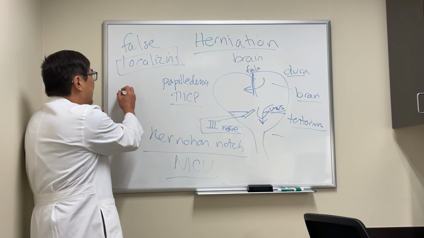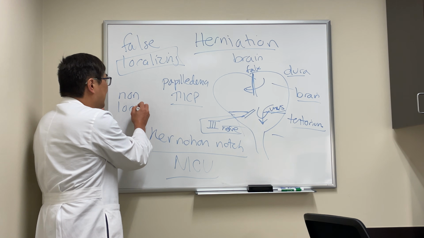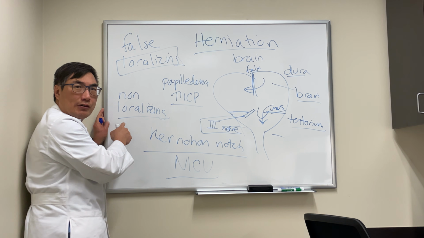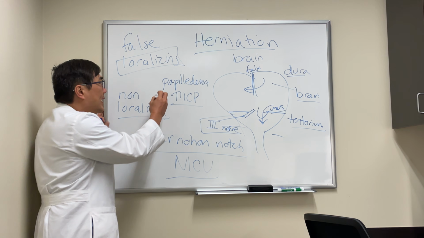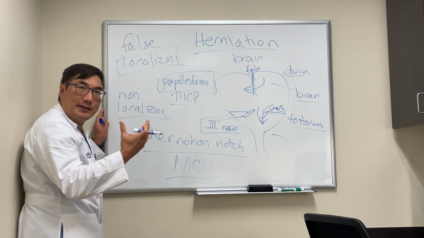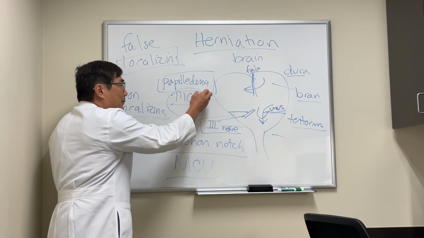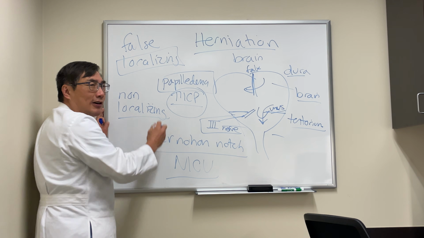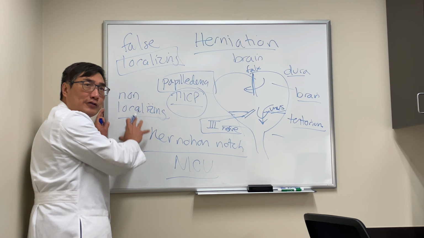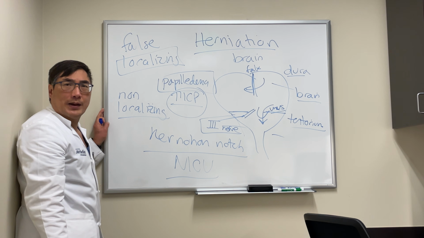And so the best example is a sixth nerve palsy from increased or decreased intracranial pressure. That is non-localizing. That doesn't tell you where the lesion is. Likewise, papilledema doesn't tell you where the lesion is. It seems like it should be in the eye because the nerve is swollen, but papilledema and non-localizing sixth are non-localizing findings of increased or decreased intracranial pressure for sixth, increased intracranial pressure for papilledema.